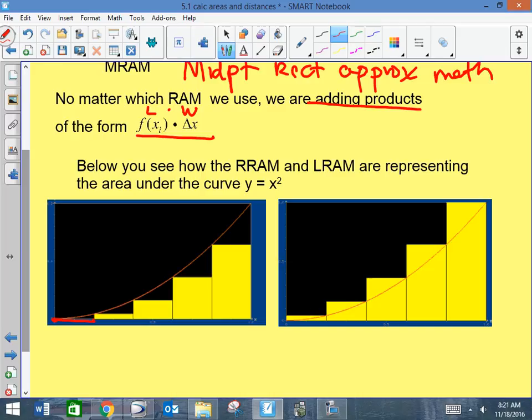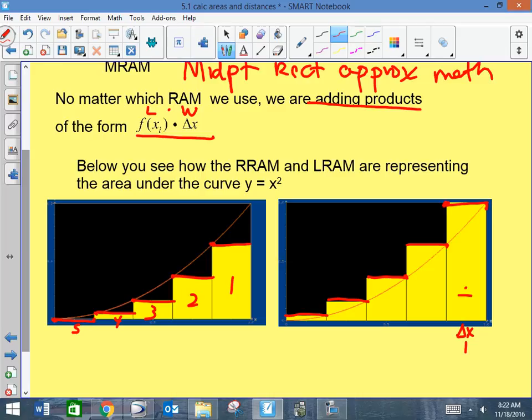There's a left, left, left, left. My left hand, my left. There's 5. 1, 2, 3, 4, 5. Okay, over here we started from the right and found height. Right, right, right, right. The height of this, here's my change in X, which is 1.